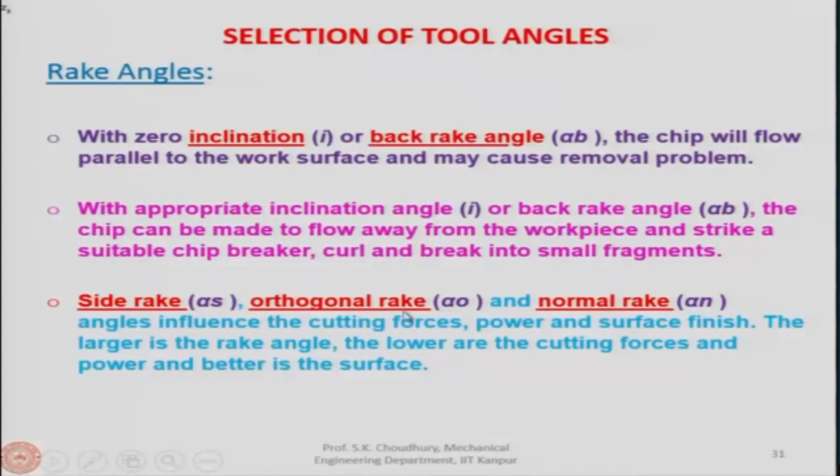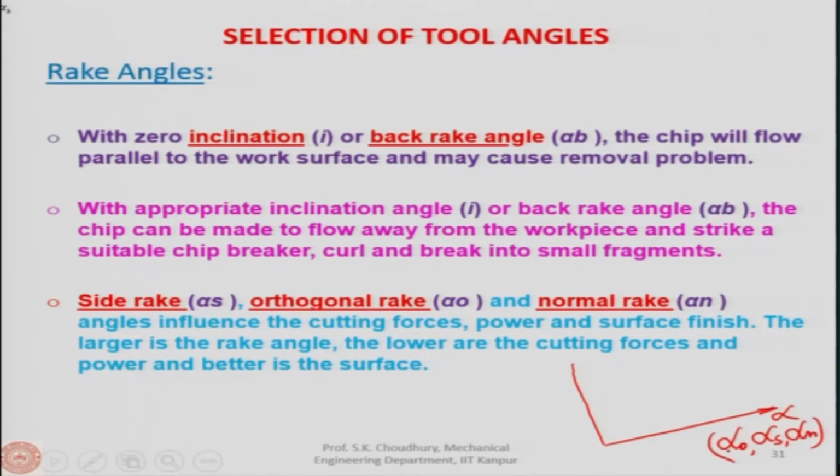Now, the side rake, orthogonal rake and normal rake angles influence the cutting forces, power and surface finish. The larger the rake angle, the lower the cutting forces and power, and the better the surface. So, overall, suppose along this axis we have alpha, which, as we said, is alpha 0 or side rake or normal rake, any one of them.